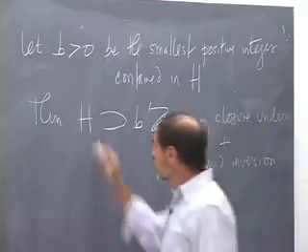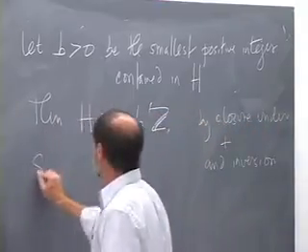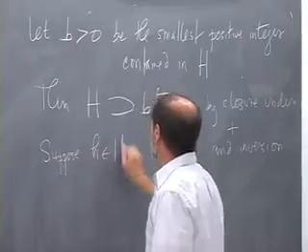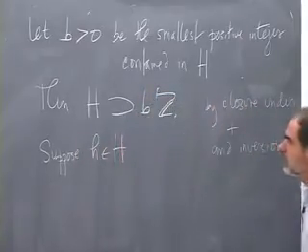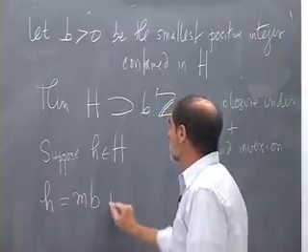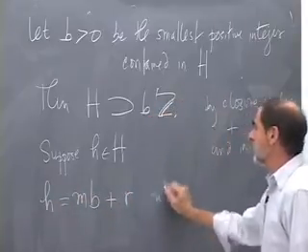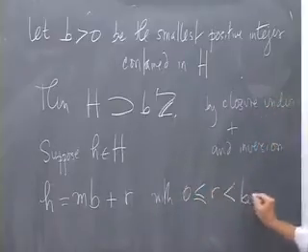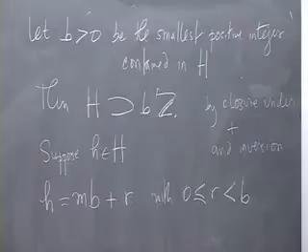Now suppose there was something else in H. Suppose h is in H. And write h as some multiple of B plus a remainder term, with 0 less than or equal to r less than B. We can do that by the Euclidean algorithm.